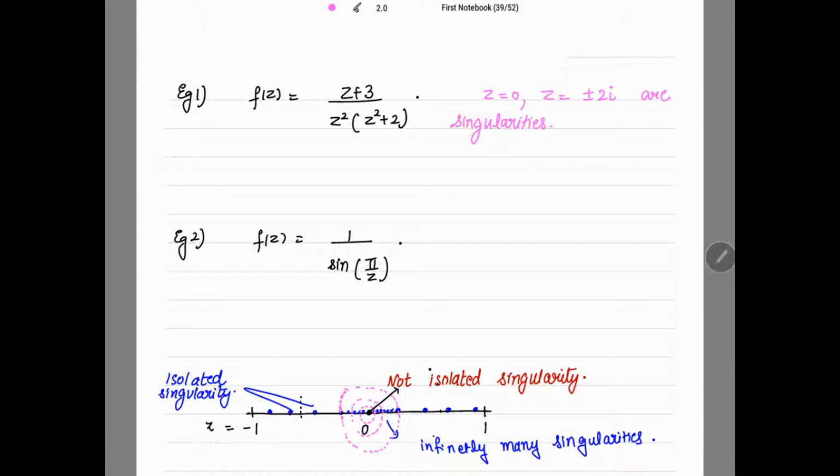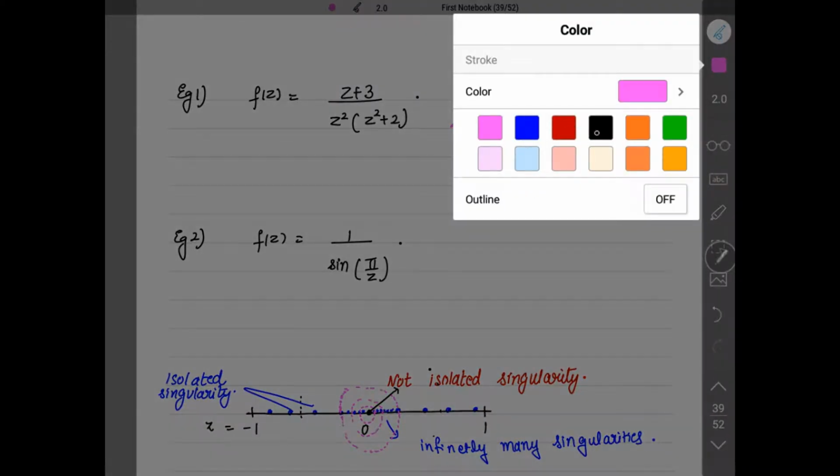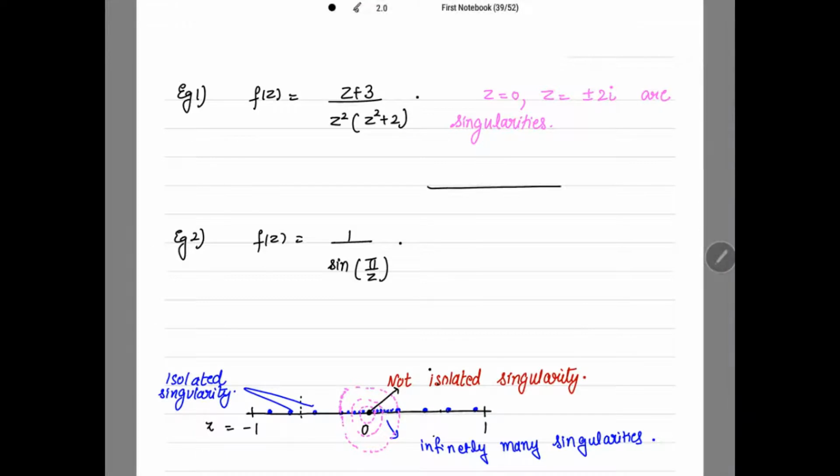Now to check whether these singularities are isolated or not. Isolated means we can find a neighborhood. Suppose this is your 0 point, this is minus 2, this is 2.